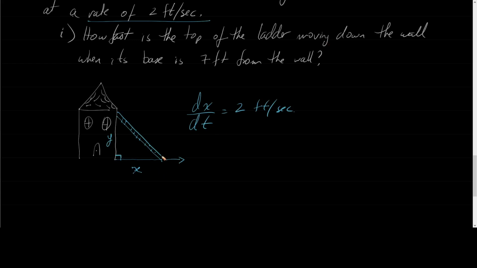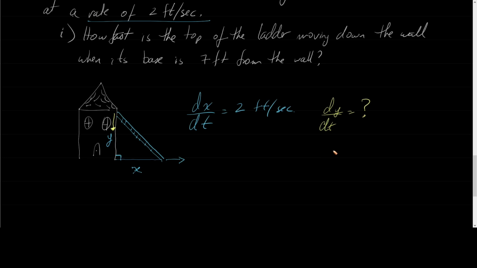The question is, well, as that ladder gets pulled away, so for example, at one point, it's going to look like this, all the way down here. So as the ladder pulls away, how fast is this going down? So essentially here the question is, what is dy/dt? All right, that's the actual question.